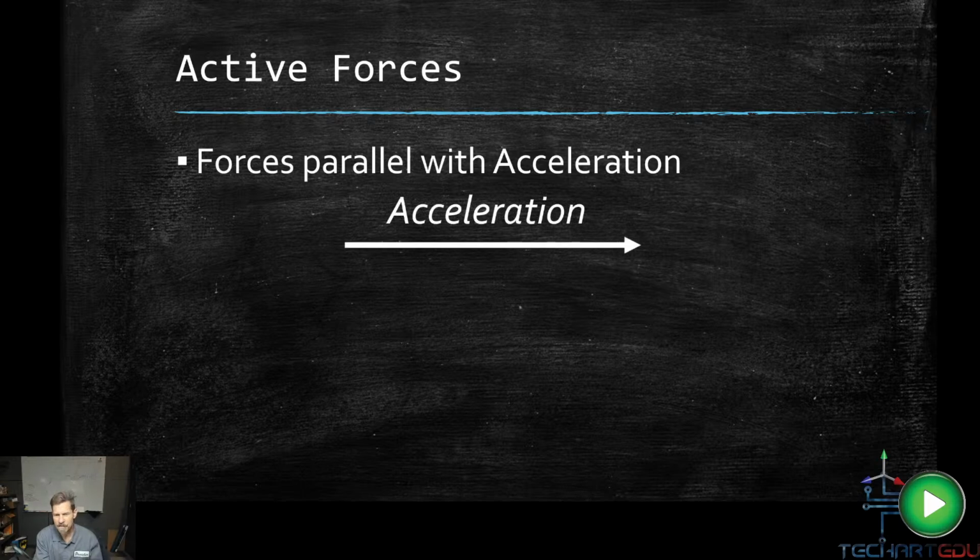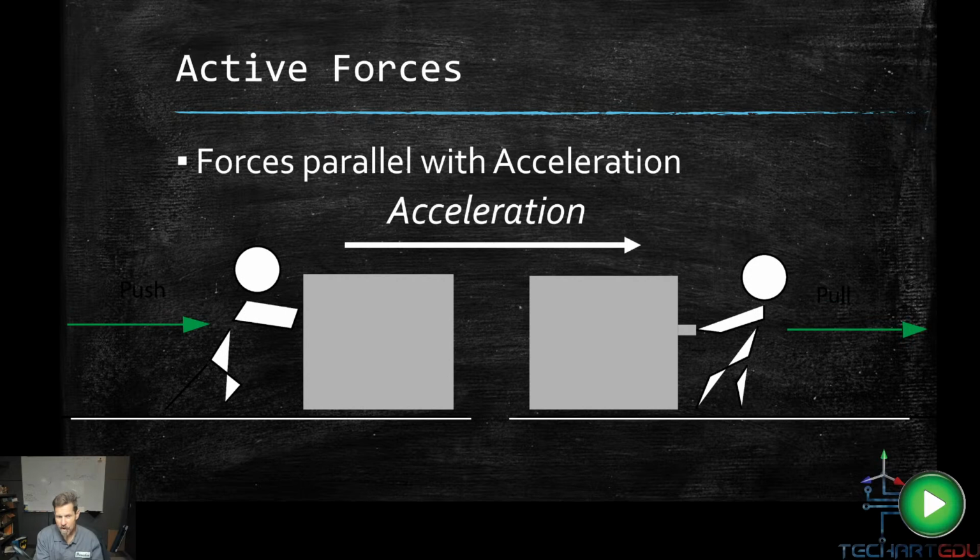Okay, so we've got the acceleration. It's going from left to right in this example. And so we've got a fellow who is pushing on there. So this first green arrow is actually applying force in the direction of that, or he's pulling, and therefore his active force is pulling in the same direction.